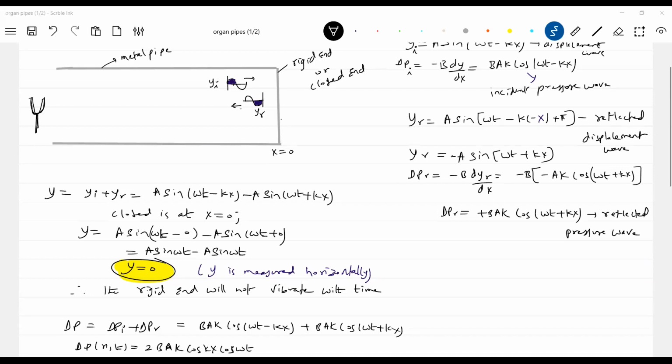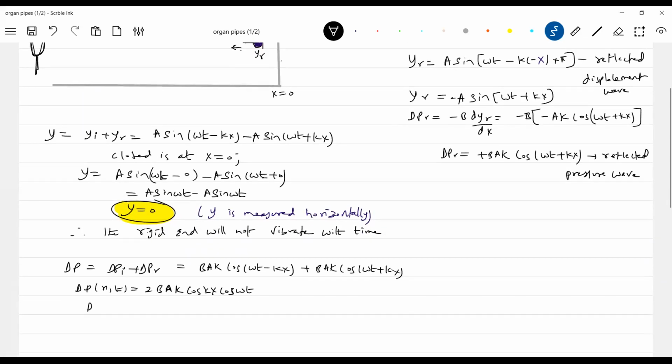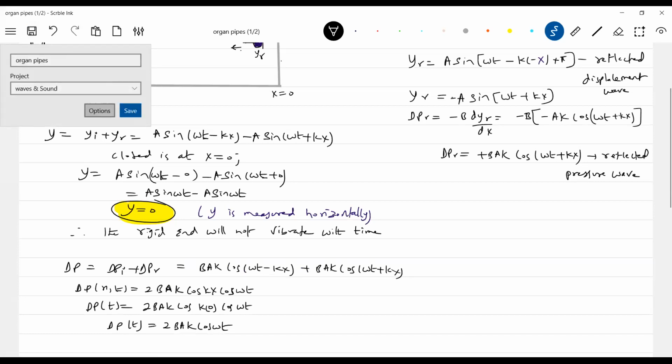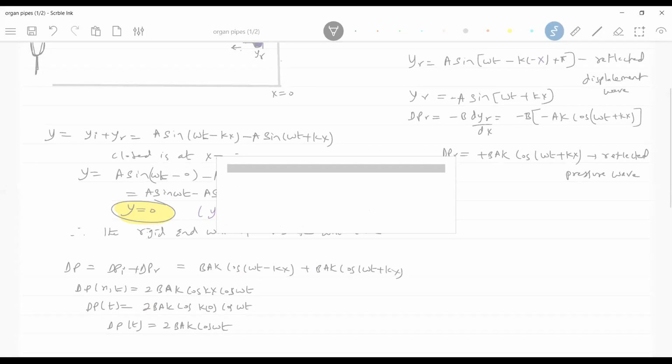Look at it now. So put x equal to 0 because I'm interested at x equals 0. This is something very important.